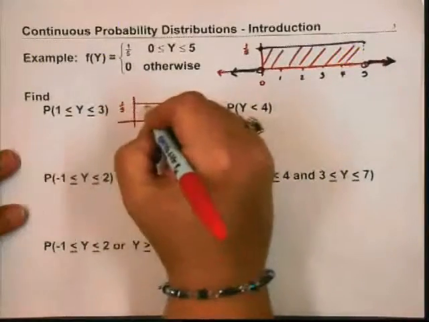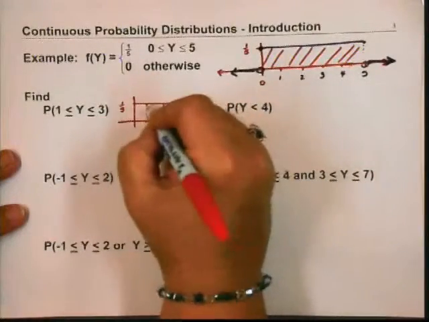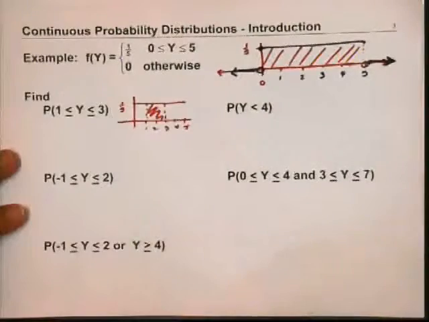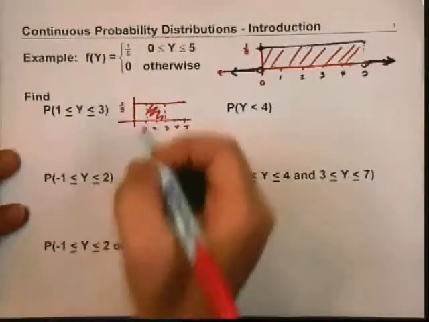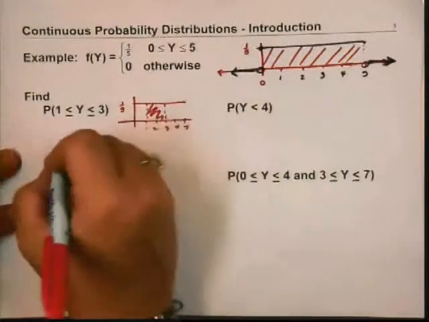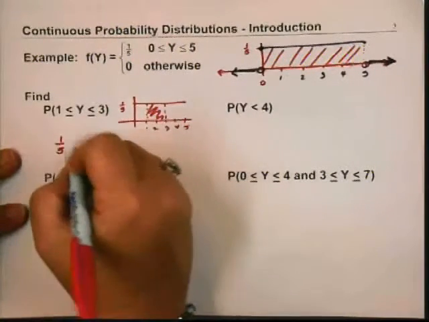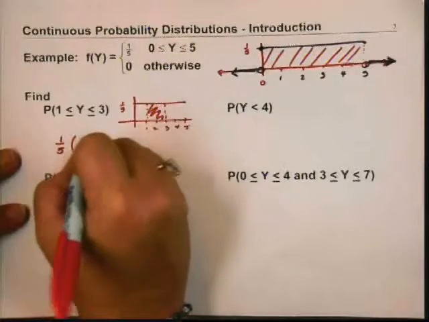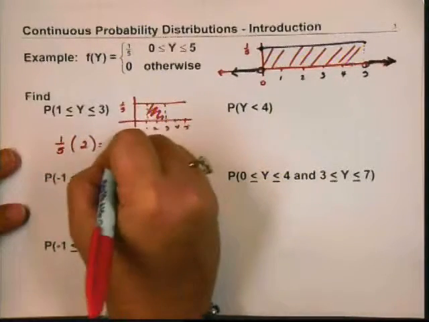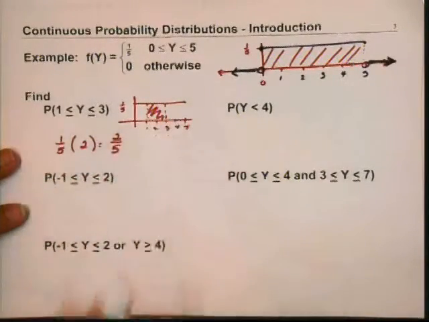We're on the interval 1 to 3. So what's the area of this smaller rectangle here? Well, that's easy. The length of the rectangle is 2, and our height is 1/5, so our probability is 2/5 or 0.4.